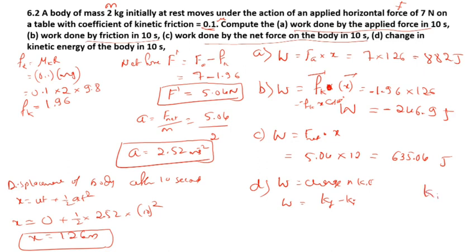And we know initial kinetic energy was 0 because of the rest state. So W is equal to the present kinetic energy of that body. So this is nothing but 635.04 joule, which is the work done by the net force.